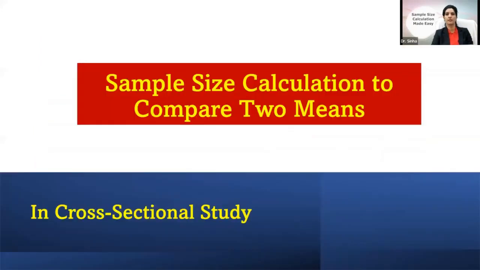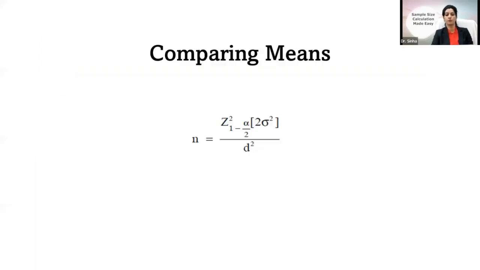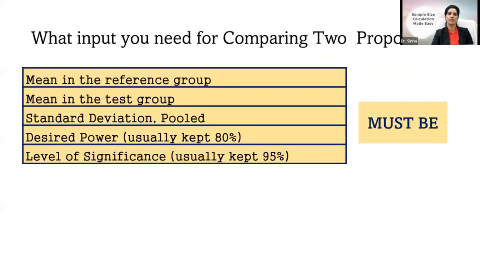So now we'll see the option of two means. This is the formula for two means. For two means, again, because it will be hypothesis testing, you need the mean in the reference group, the mean in the test group, and the pooled standard deviation.